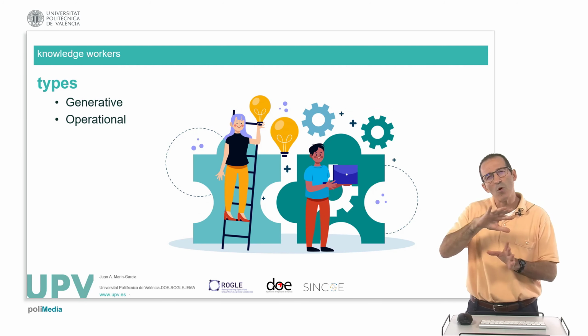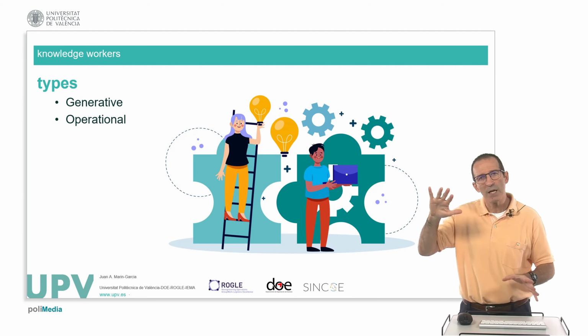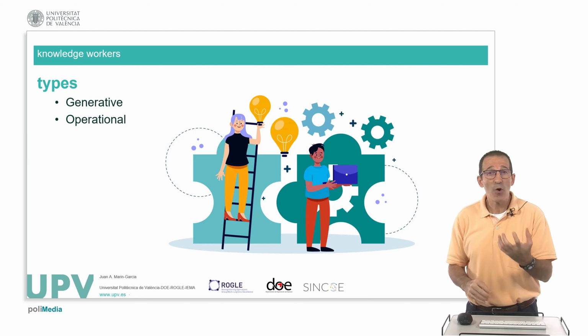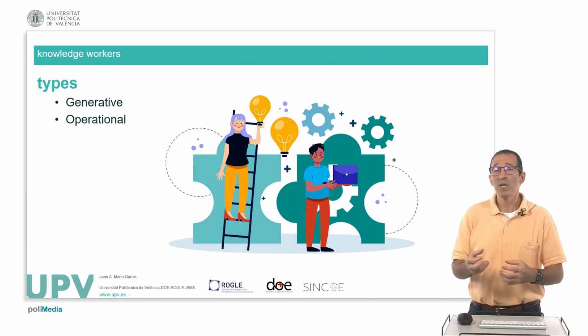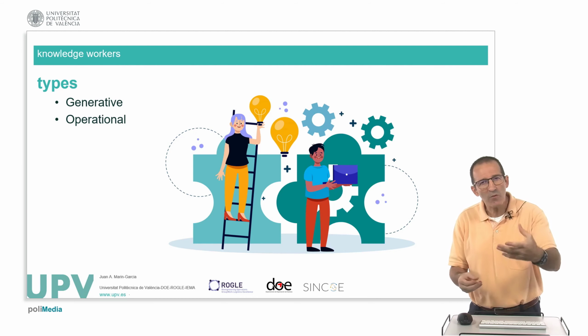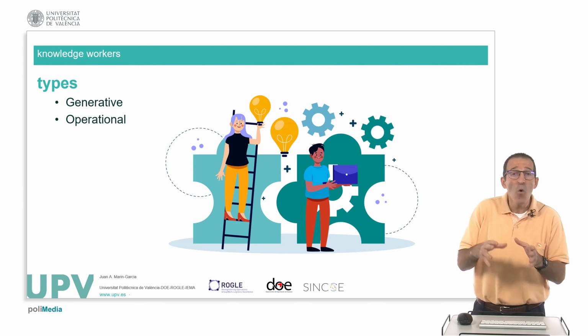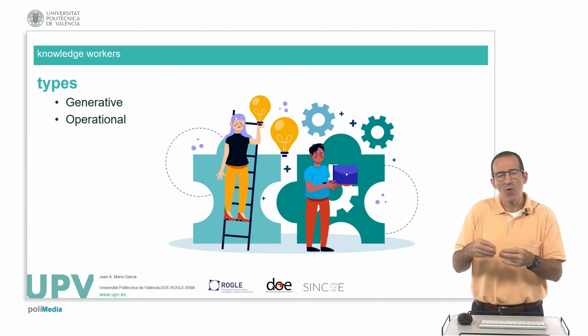Basically, we can identify two main types of knowledge workers. The first type will be the creative individuals. This type of person or worker generates knowledge by developing new processes, creating new products, providing new services, or implementing organizational changes.